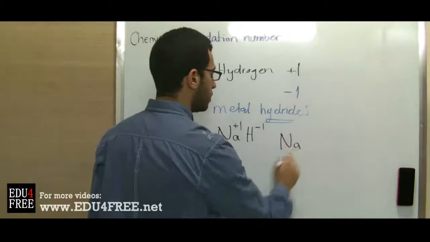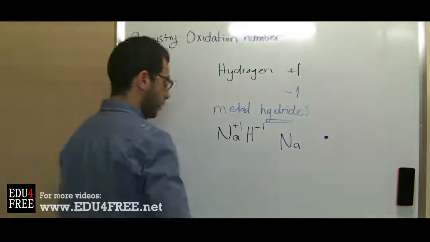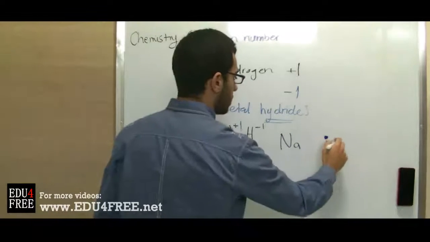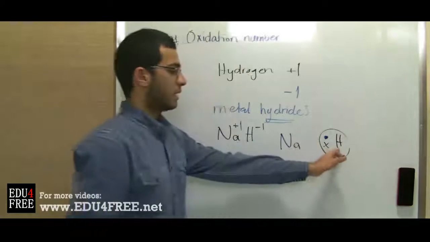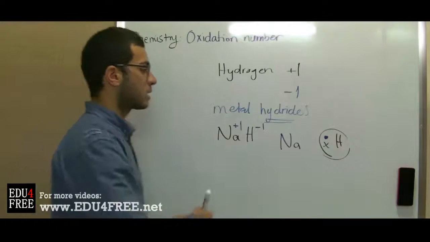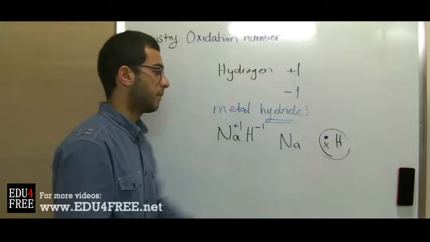So sodium will lose its outermost energy level electron to hydrogen, so that hydrogen contains 2 electrons in its outermost energy level to be completely filled and reach the structure of the nearest inert gas, which is helium.